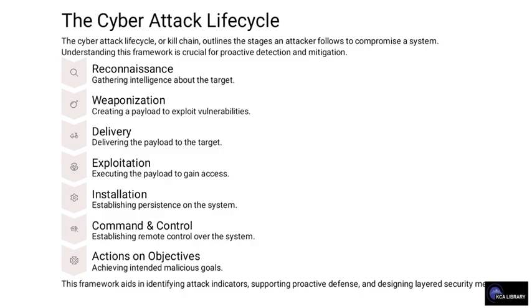Next is the installation phase, which is establishing persistence on the system. And the next phase is command and control, which is establishing remote control over the system. And the last one is action on objective, which is achieving the intended malicious goal.